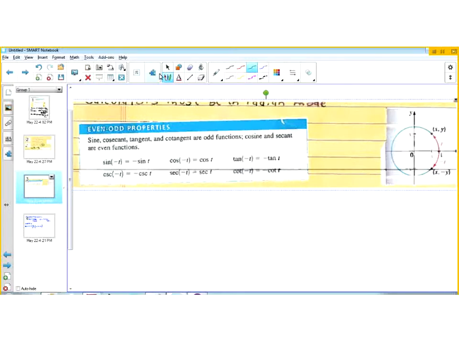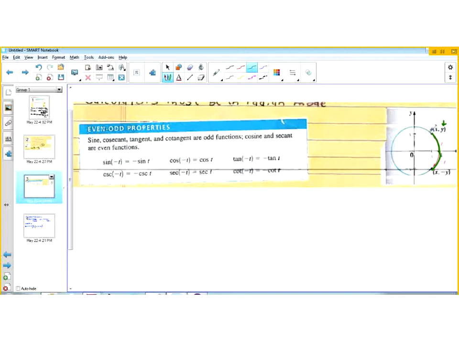All right, so the sine of a negative terminal number. So if we negate the argument to the sine function, negative t, let's start off by looking at this picture. If t is greater than 0, so here's t, and then the negative t would be the reflection about the x-axis, right? So we know that the sine of a terminal number is the ordinate right here.